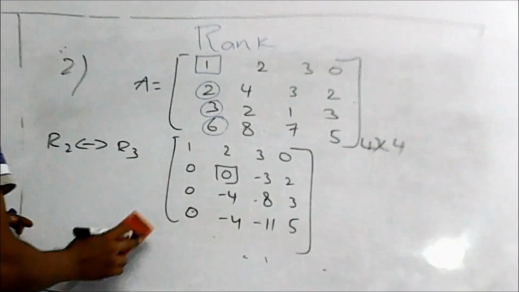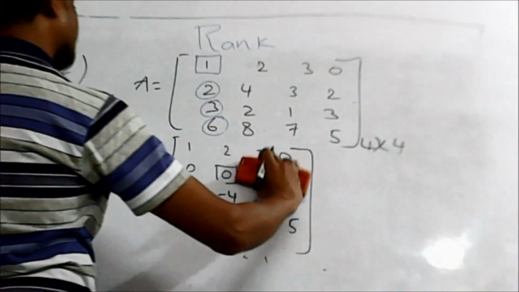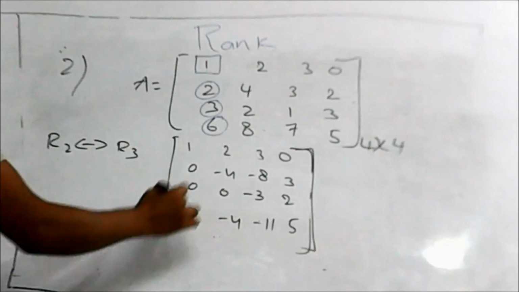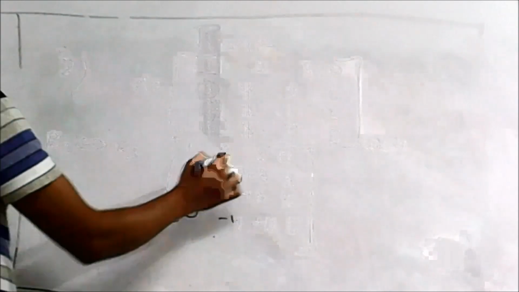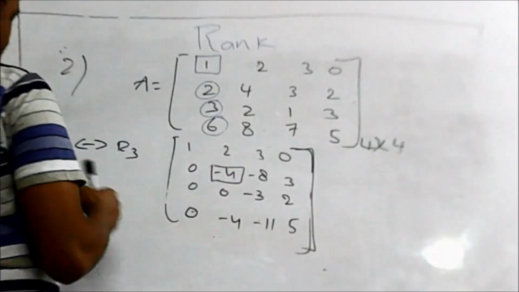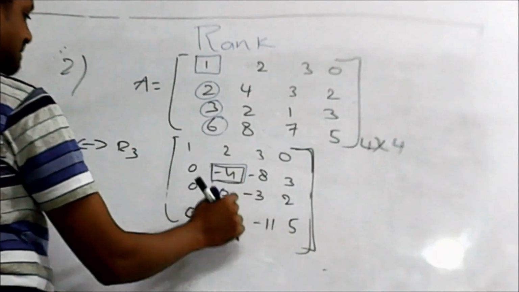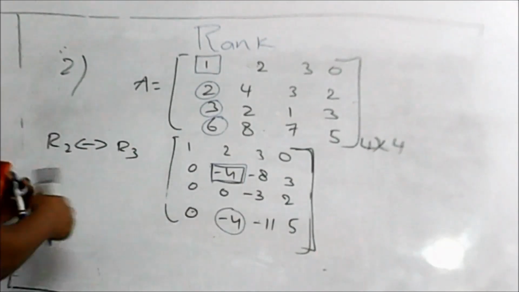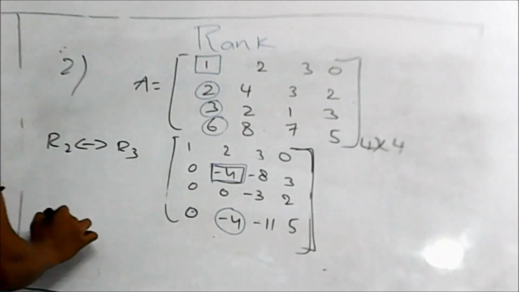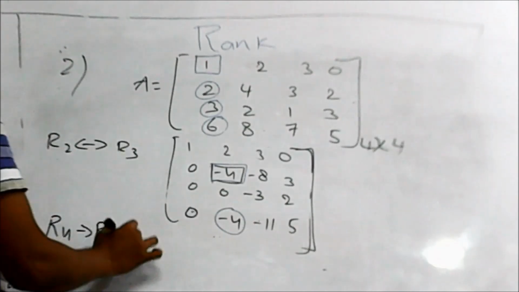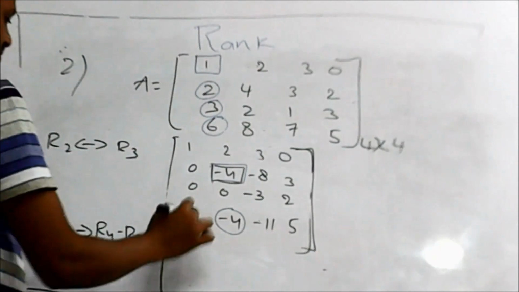Due to space constraints, I am writing here R2 as R3. So the second diagonal element is non-zero. Now you need to select the second diagonal. Below it, any non-zero is there, you have to make it 0. So what is that operation? Simply R4 minus R2.